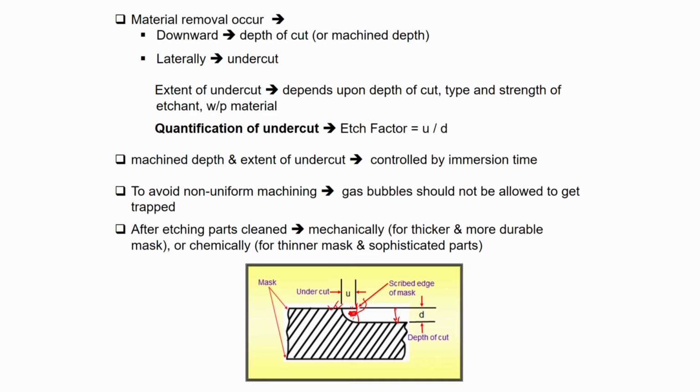The extent of undercut depends upon the depth of cut, the type and strength of the etchant, and the workpiece material. For certain workpiece materials the undercut is more, and if you increase the depth of cut, obviously your undercut will be more. So how to quantify this undercut?